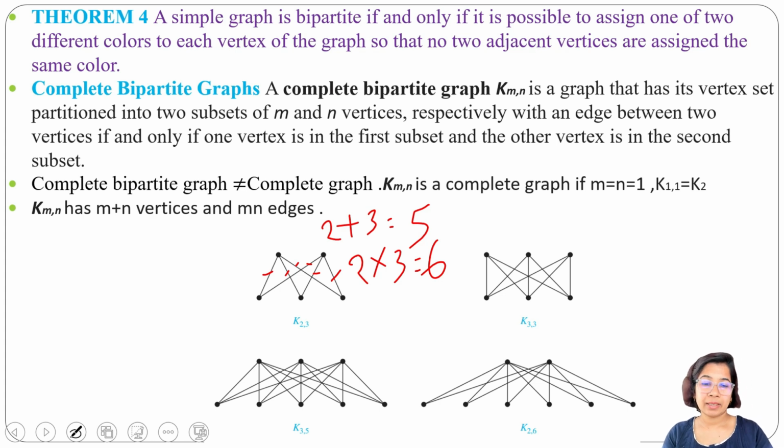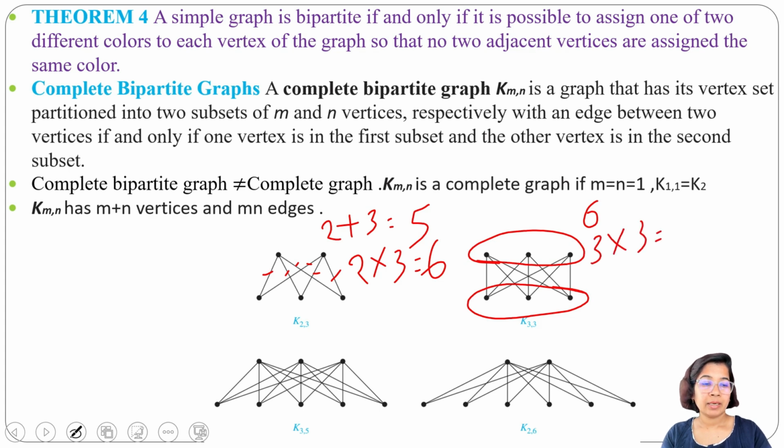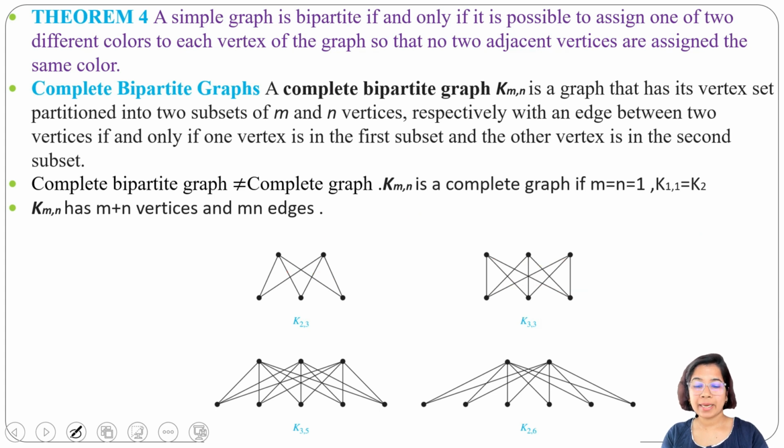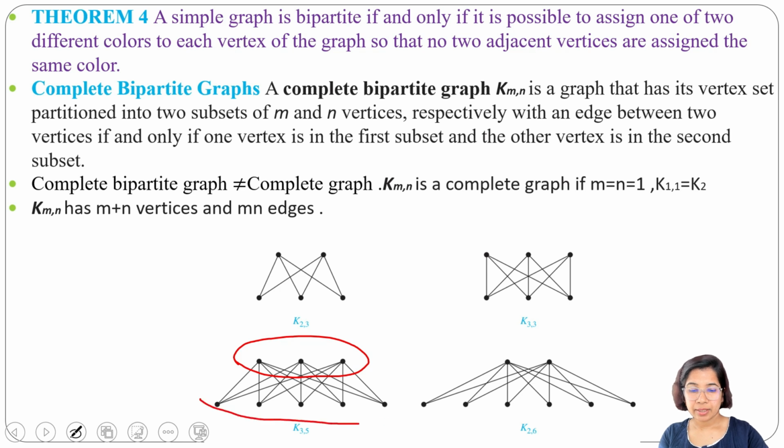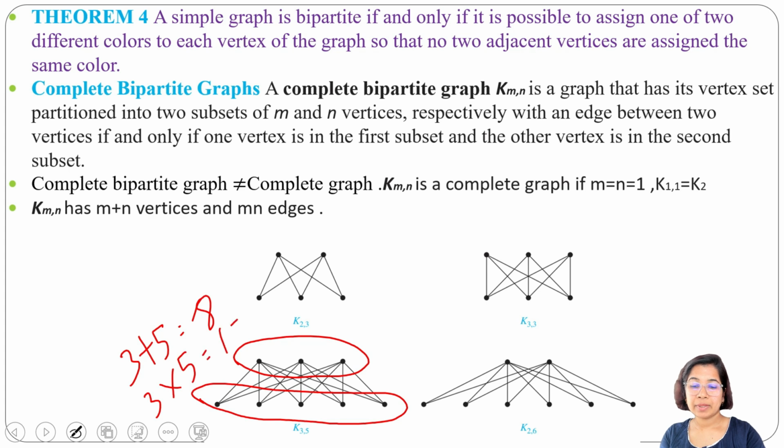Next K(3,3). So there are two partitions, one containing 3 vertices, the other containing 3 vertices. There are 3 plus 3, 6 vertices, and 3 times 3, 9 edges. So every vertex is adjacent to 3 vertices of the other group. Next K(3,5). One subset contains 3 vertices, the other subset contains 5 vertices. There are a total of 3 plus 5, 8 vertices, and 3 times 5, 15 edges.